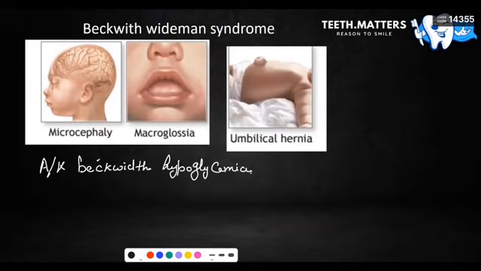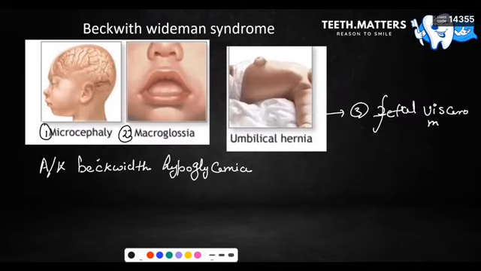There is microcephaly, also mentioned here. There is macroglossia in this, and another term for this is fetal visceromegaly, organ visceromegaly.